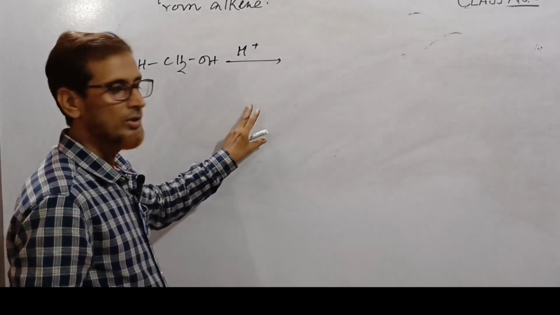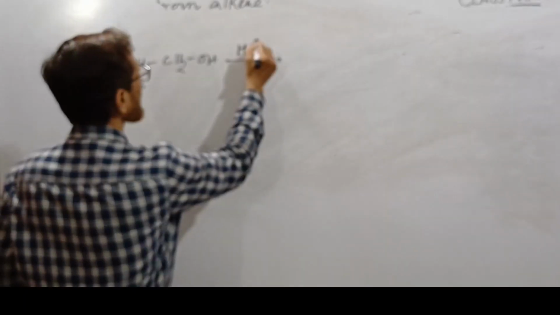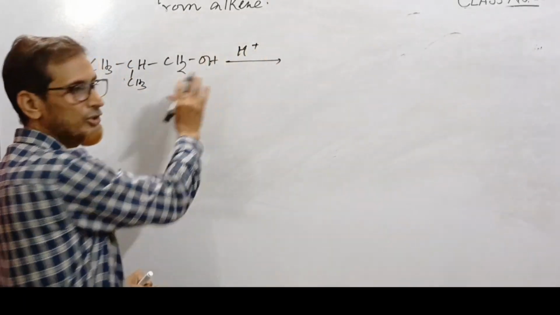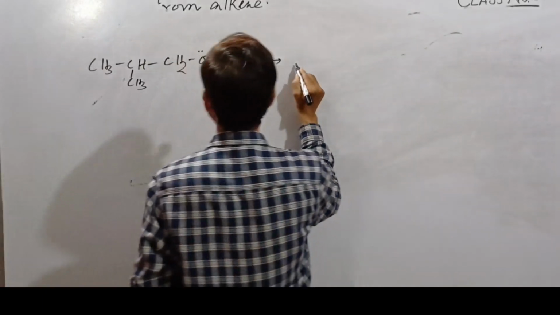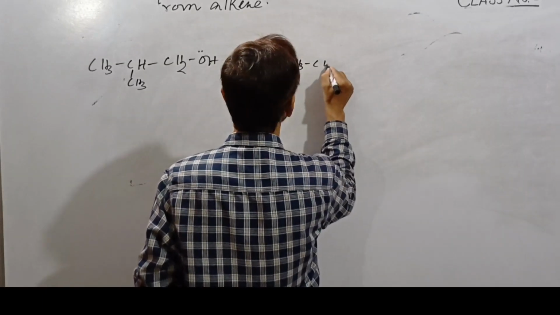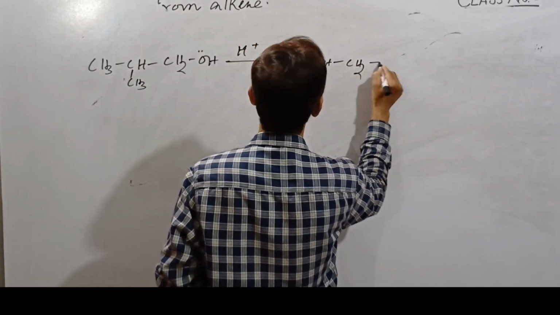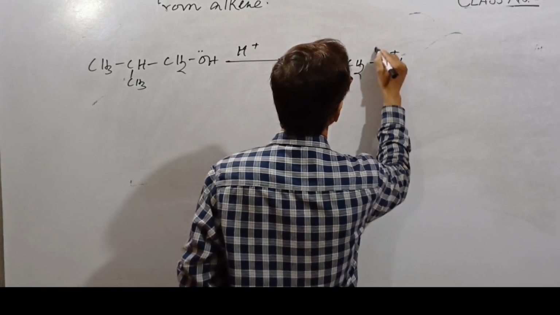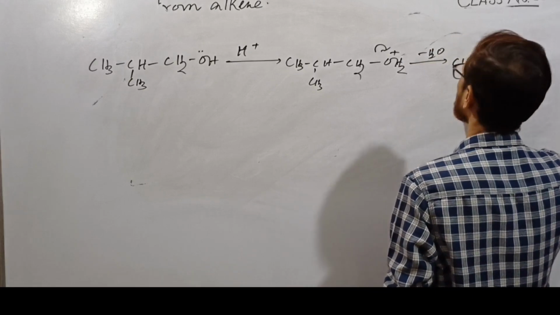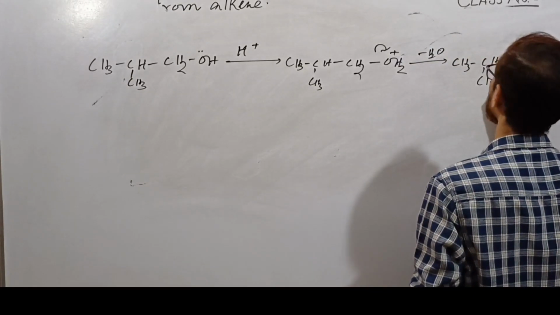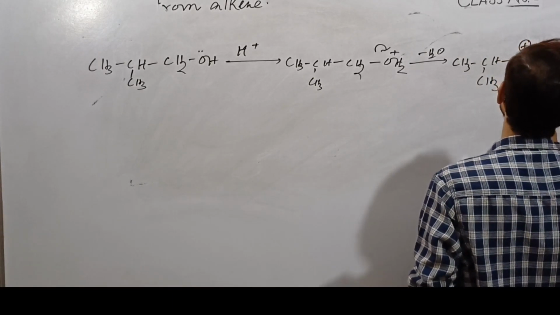Immediately follow, there is a question of rearrangement. When a proton is there, that is concentrated sulfuric acid, a dehydrating reagent, it will come forward in this position: CH3, CH, CH2, OH2 plus. Water is released, giving CH3, CH, CH3, CH2 plus. This is 1 degree.